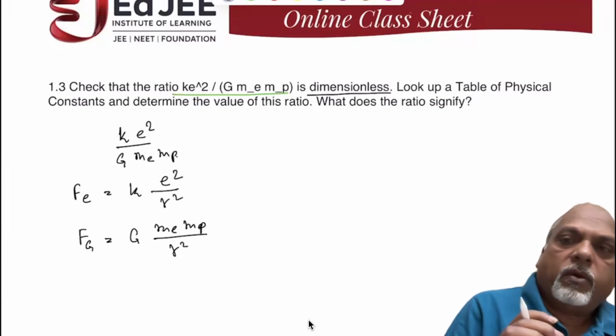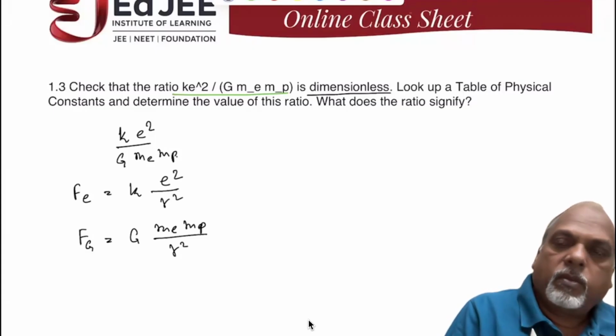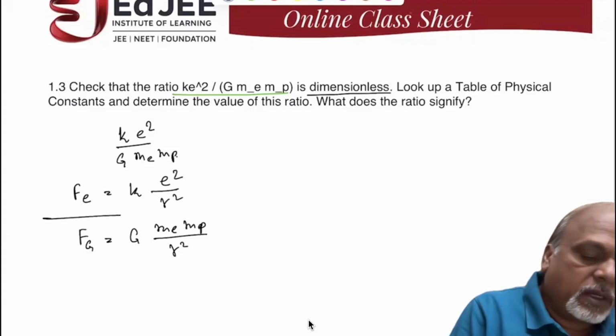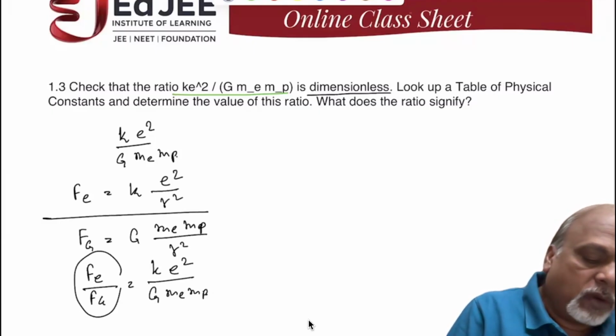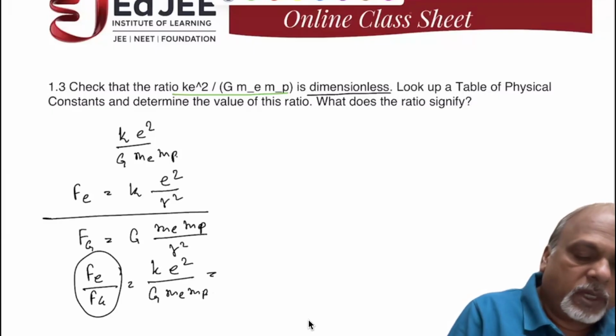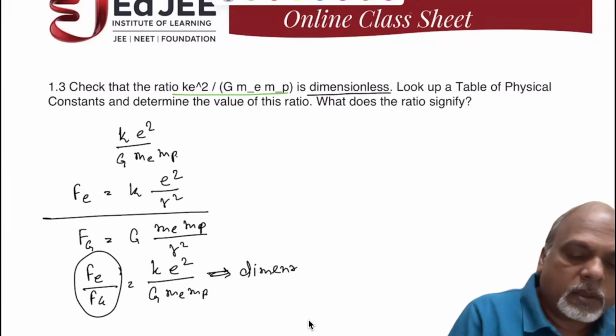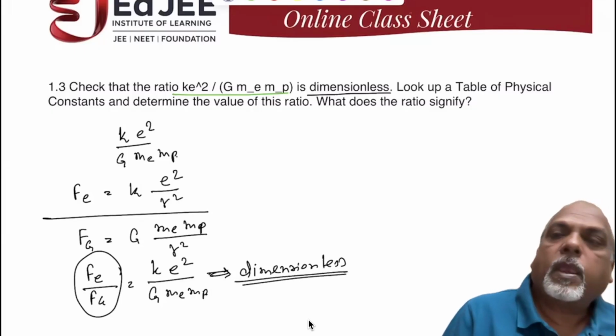These two formulae we know, and suppose if we take the ratio of this, then what will remain? K e square upon G m_e m_p. Since this is the ratio of the force, so this has to be dimensionless. I hope clear.